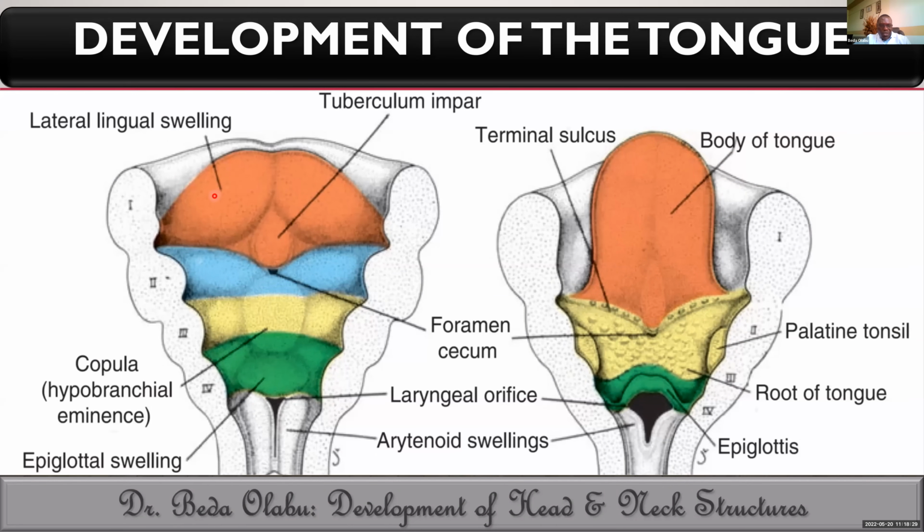So if this is the lateral lingual swelling, that's the other one, and that's tuberculum impar, which is the median lingual swelling. The lateral lingual swellings grow faster, and so they merge, as we can see in this particular image. You can see the way they have outgrown the median lingual swelling, which is at that point. So that is how the anterior 2/3 of the tongue will develop.